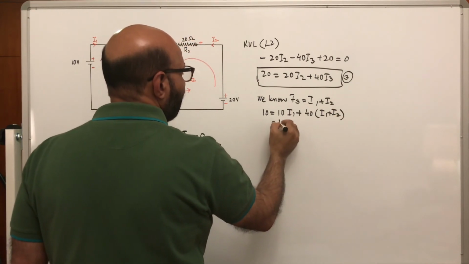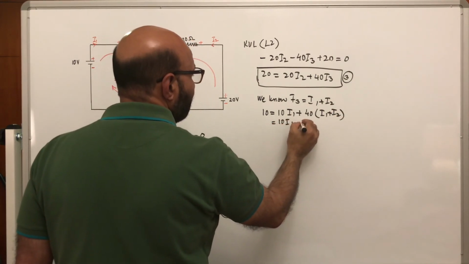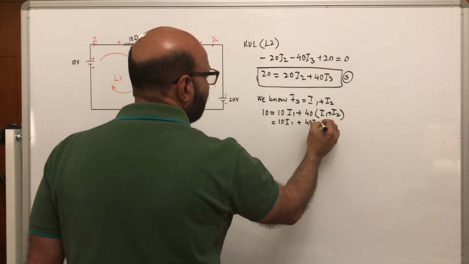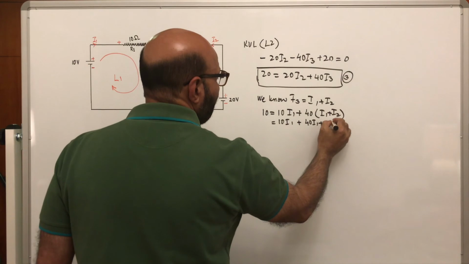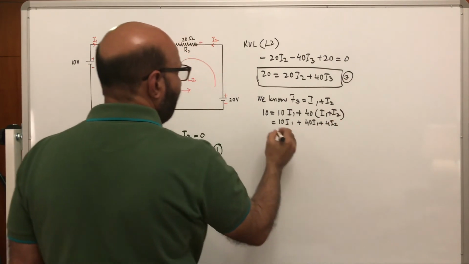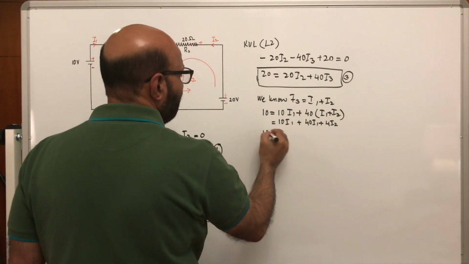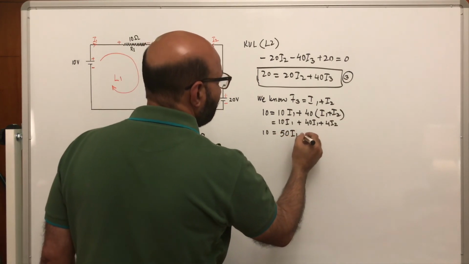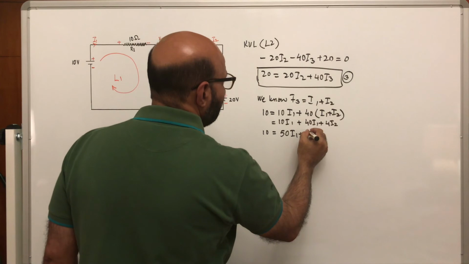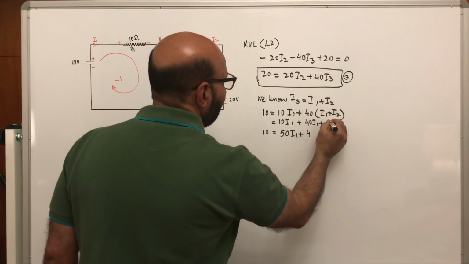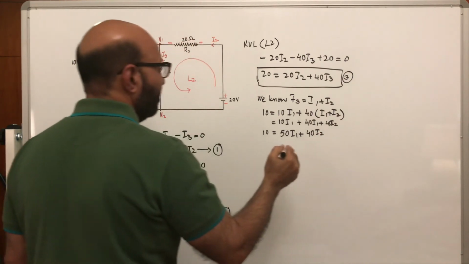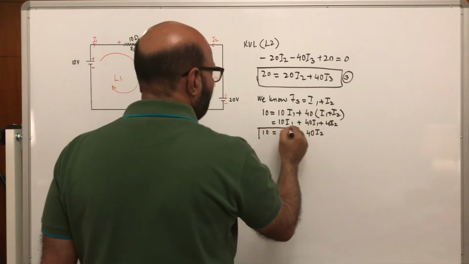We can simplify it. 10I1 plus 40I1 plus 40I2, or 10 equals 50I1 plus 40I2. So this is our equation 4.